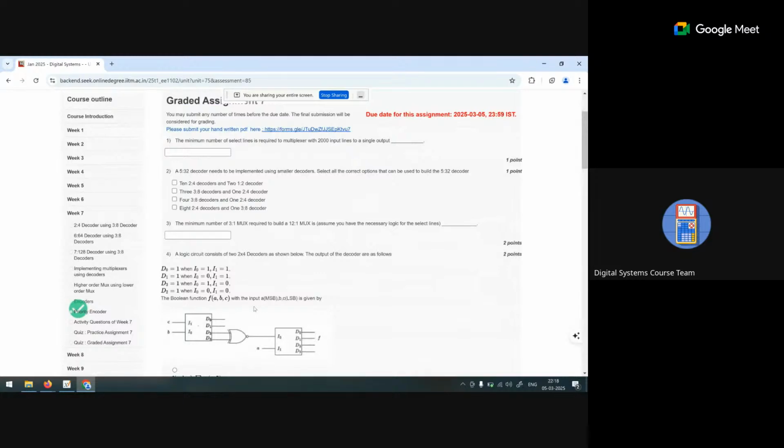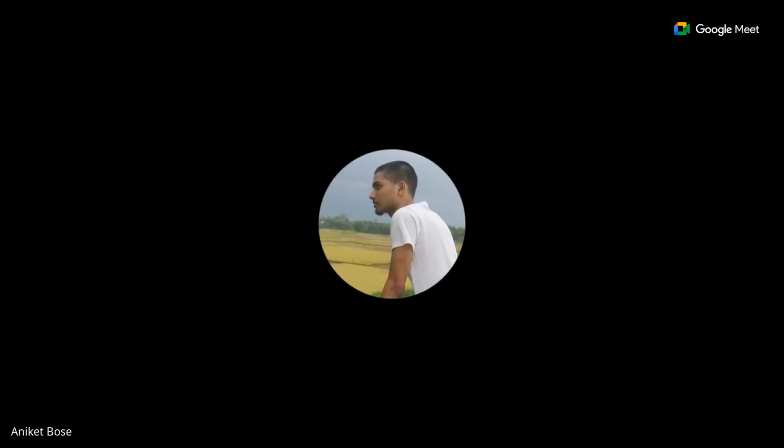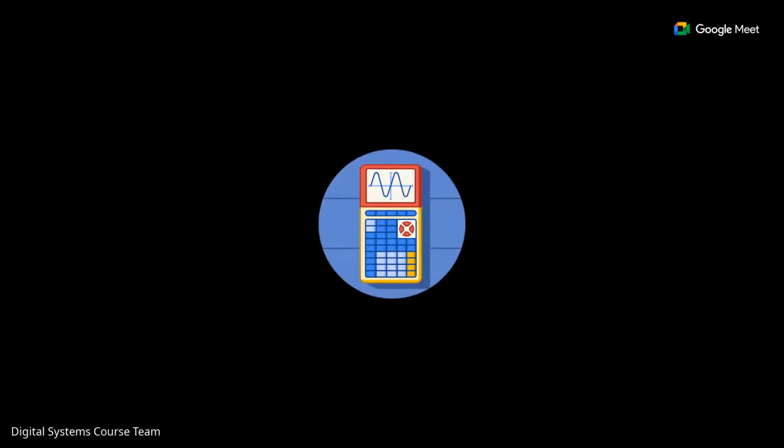Okay? But sir, it is not showing. Me and my friend have tried it. We have the same answer, but it is not in the options. The options are available. That is the I0 and I1.